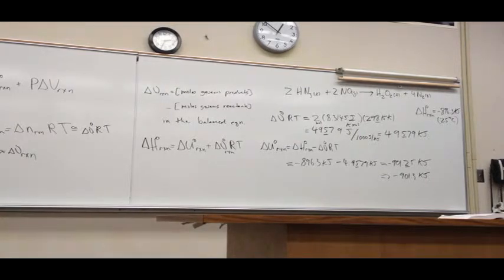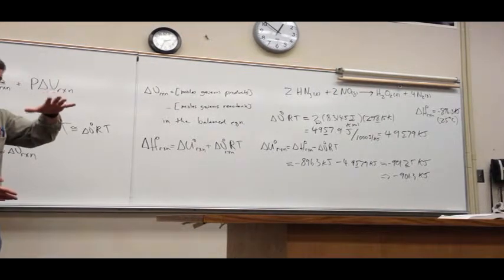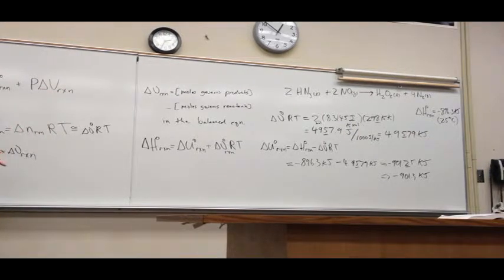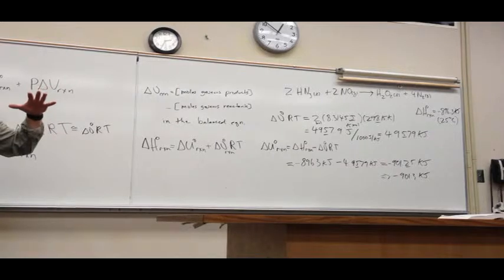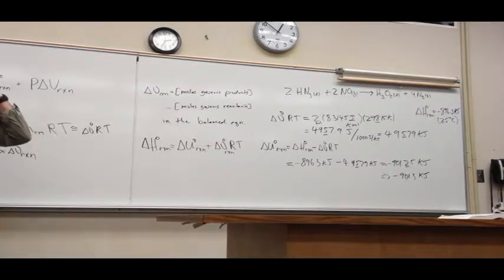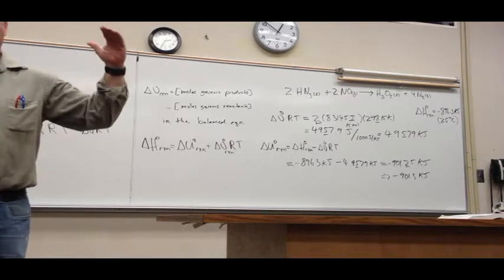Pressure's not changing. Volume's changing, right? It has to, because we have more stuff in there. Keeping it at the same pressure and the same temperature, the only way that we can put more stuff in there is to expand the volume. Does that make sense to you guys? And the only way you can expand the volume is if you do work on the surroundings.